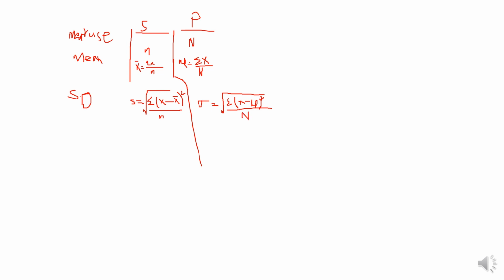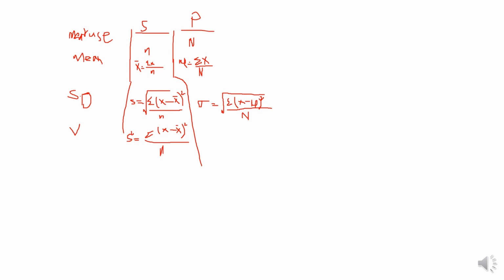And the last one is about the variance. For the sample variance, we use s square, which equals summation of x minus x bar, whole square, divided by small n.